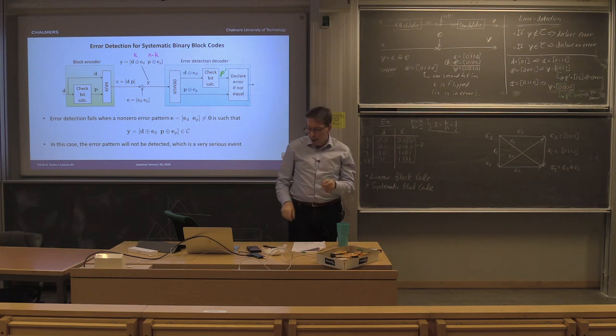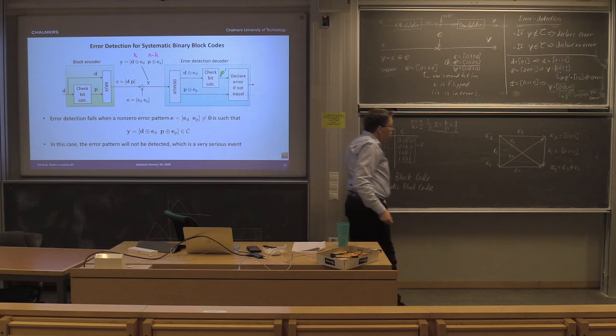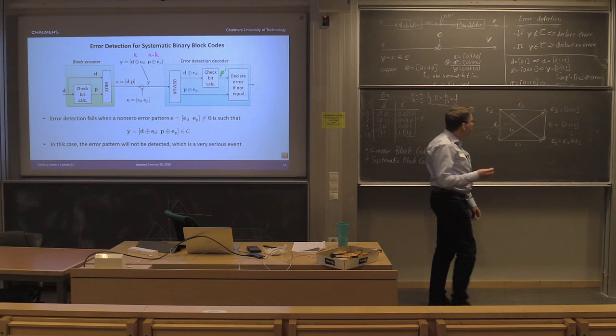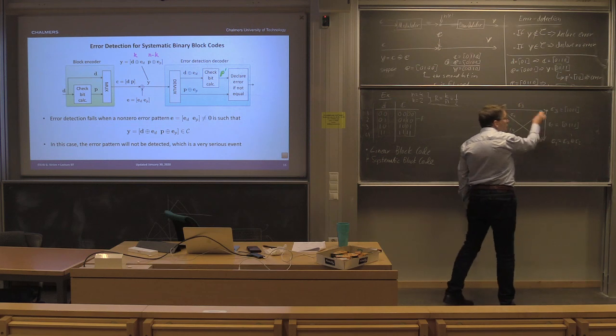As a matter of fact, we can, and let me show this for you. Remember that when we had a linear block code, we can go from code word to code word by adding another code word.